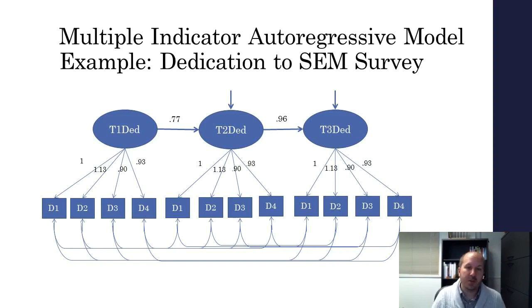And when we do our autoregressive model, we will correlate the corresponding items. So D1 with D1 across all 3 time points, D2 with D2 across all 3 time points, and D3 with all 3 time points. And what we can also do is constrain each factor loading to be equal with its corresponding factor loading across time.